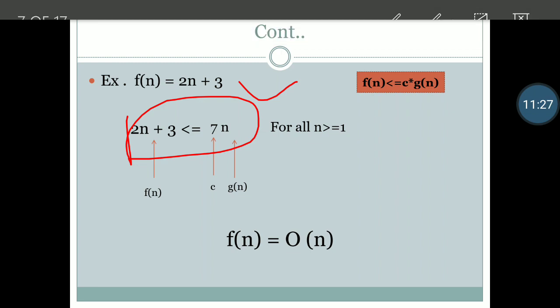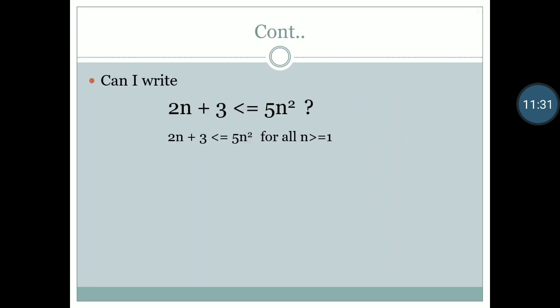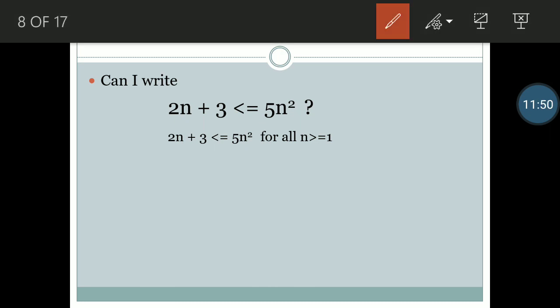Okay, so our next question will be, can I write 2n plus 3 less than or equal to 5n square? So let's check it. If we put n equal to 1, it will be 5 less than or equal to 5.